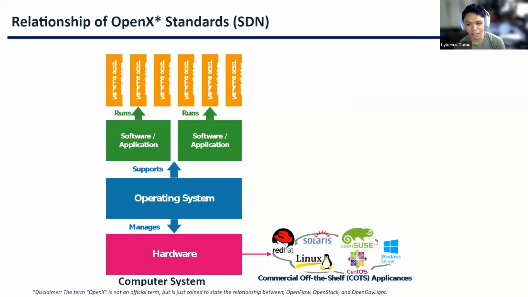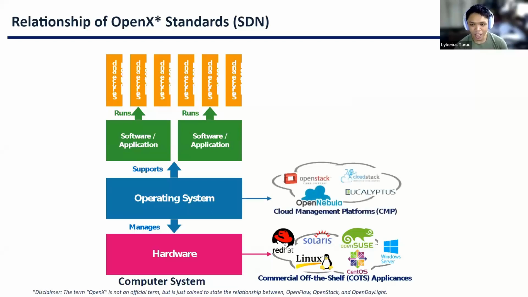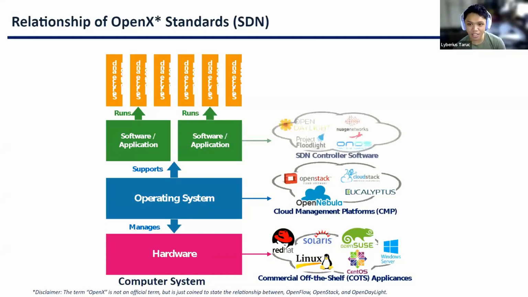Servers. For you to manage X number of servers, you need, again, an operating system. This is where the cloud operating system or cloud management platform comes in. And if you want to have an application inside your cloud operating system to give out a service, you need, again, in an SDN example, the SDN controller software, where your OpenDaylight is.